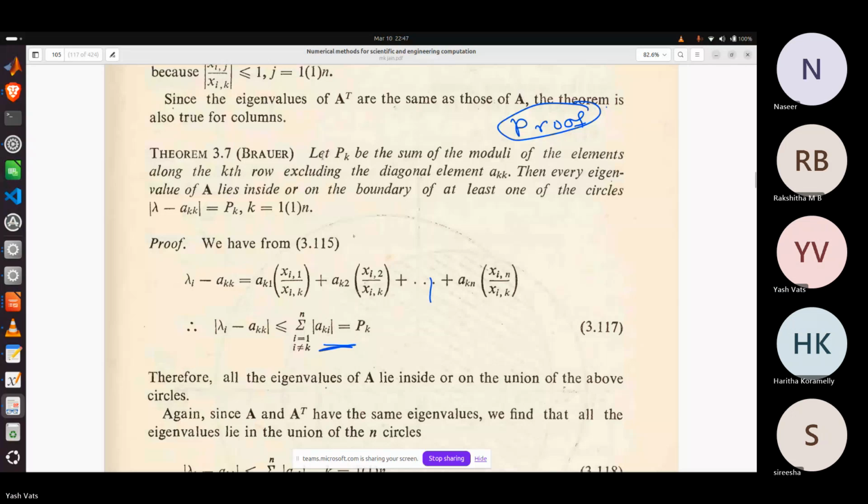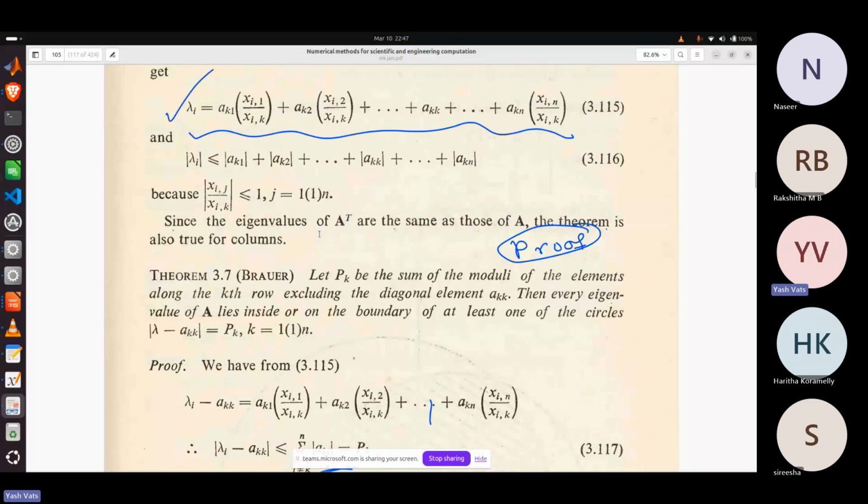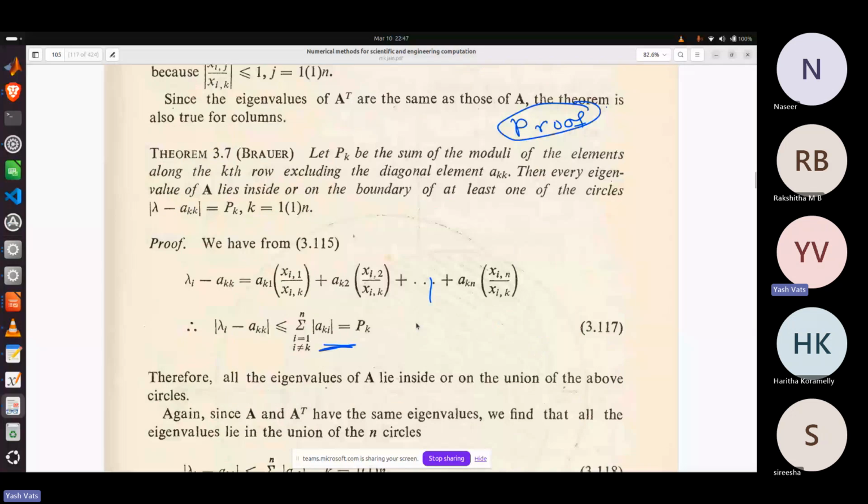Okay. So what is the Gershgorin theorem? The first application you have learned is that the bound on the eigenvalue is always the row sum or the column sum. That's true. Next, we have to find a precise bound, right? So we have another theorem for that, which says: let Pk be the sum of moduli of elements along the kth row, excluding the diagonal element akk.